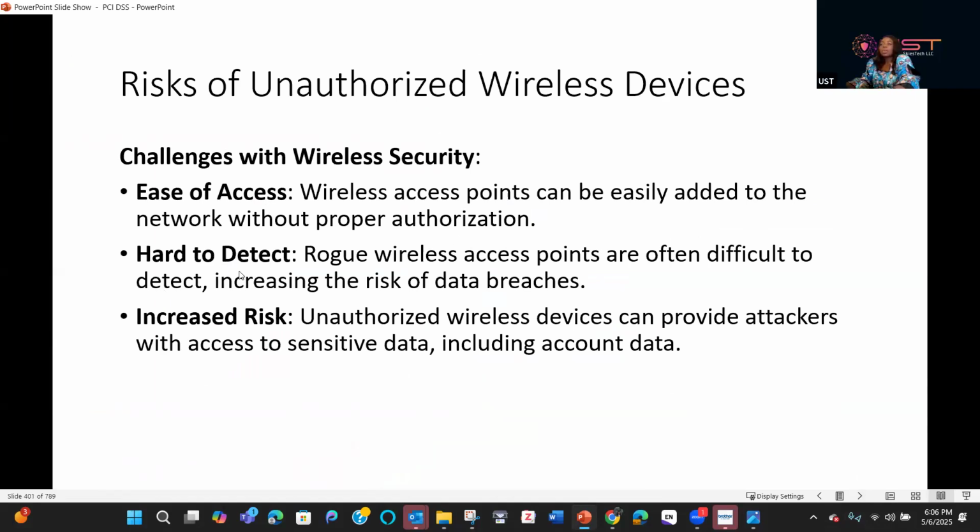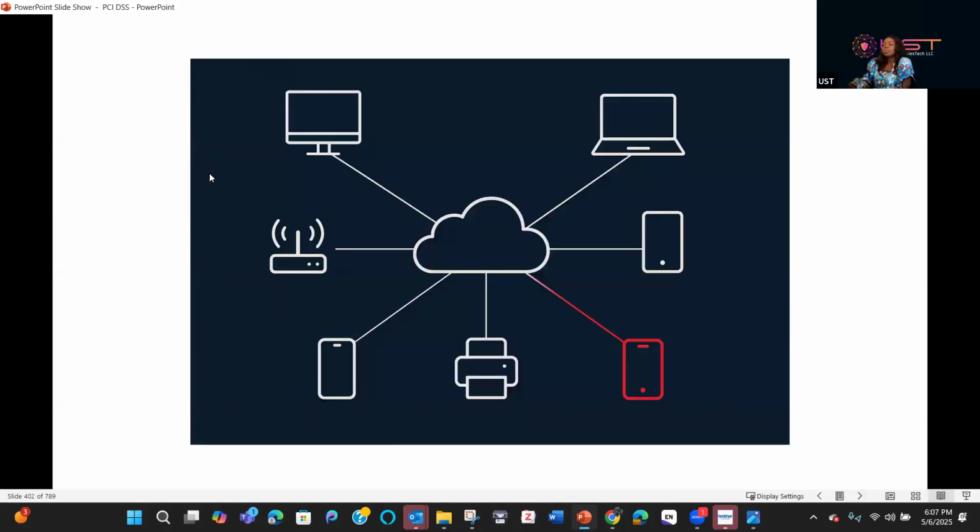And once that has been done, they are hard to detect because rogue wireless access points are often difficult to detect, increasing the risk of data breaches. Then we have increased risks. Unauthorized wireless devices can provide attackers with access to sensitive data, including account data. That makes sense. This is a bad guy right here. Once it's connected, it can be very hard to detect it, right?